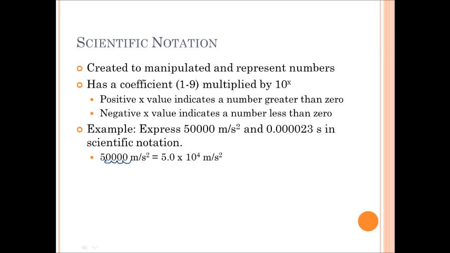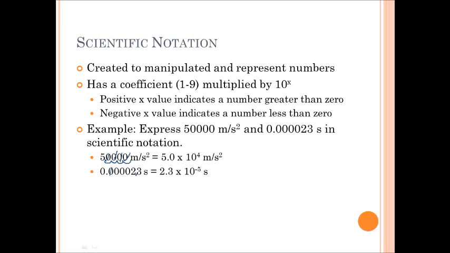The other way to do it is I just count zeros. So you can do 1, 2, 3, 4 zeros, and that's our exponent. Now the opposite way, with a small number, again, you go between your two non-zero numbers. So in this case, 2 and 3, we're going to put a decimal between them, so it becomes 2.3. And this time I'm just going to count the zeros after the decimal here.